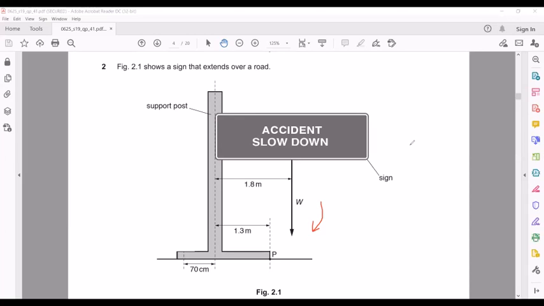Why does the clockwise moment continue to increase? As this object topples, because this is the original position, but as the object topples, the position of the weight will shift slightly towards the right hand side. So the moment of the weight about P increases because the distance of the weight from P increases. That's why the moment increases, or it will topple.